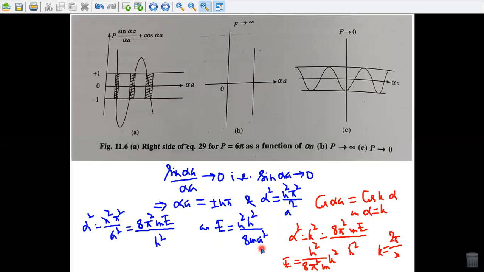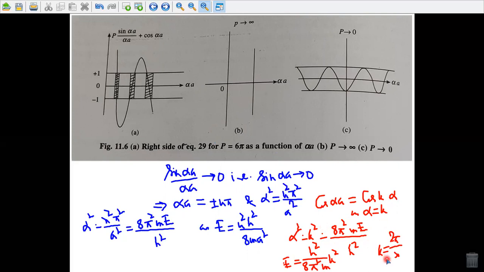So if on the other side P is made to be 0, then this equation tends to cos alpha a equal to cos k a, that is alpha equals k, that is alpha square is equal to k square, which is 8 pi square m E by h square, and E becomes h square by 8 pi square m times k square.